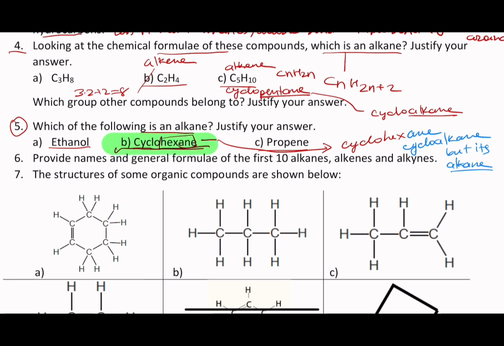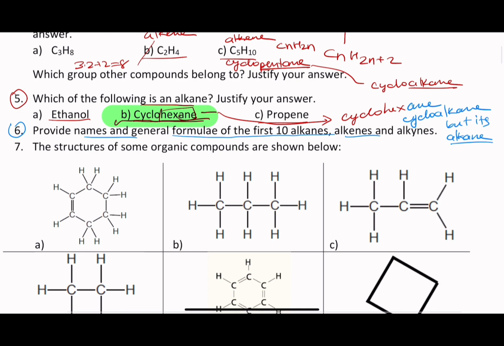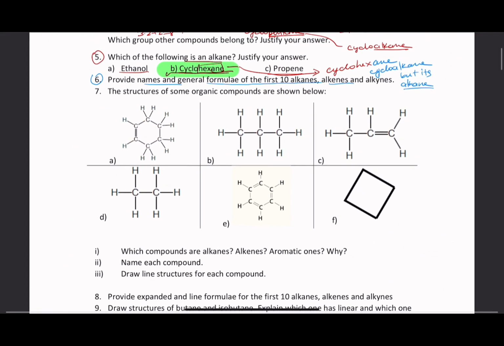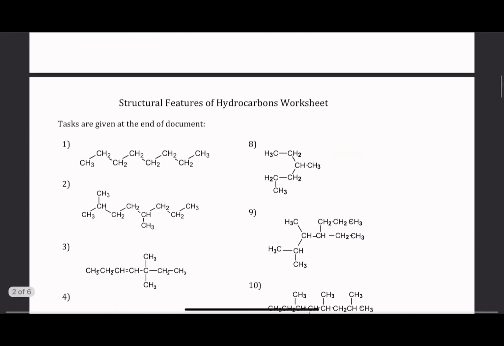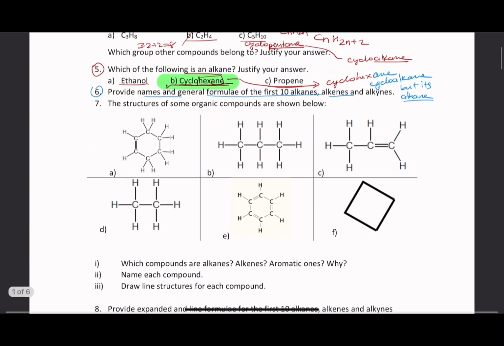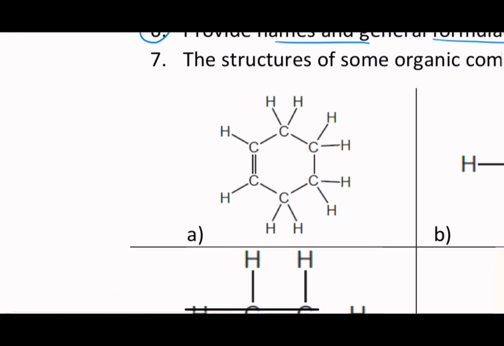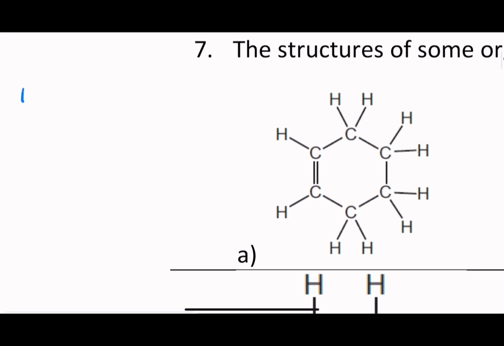Okay. Question 6. Provide the names and general formula for 10 alkanes, alkenes, and alkynes. So for this one, I'll write it on the side. The first carbon, we know that it is meth, right?